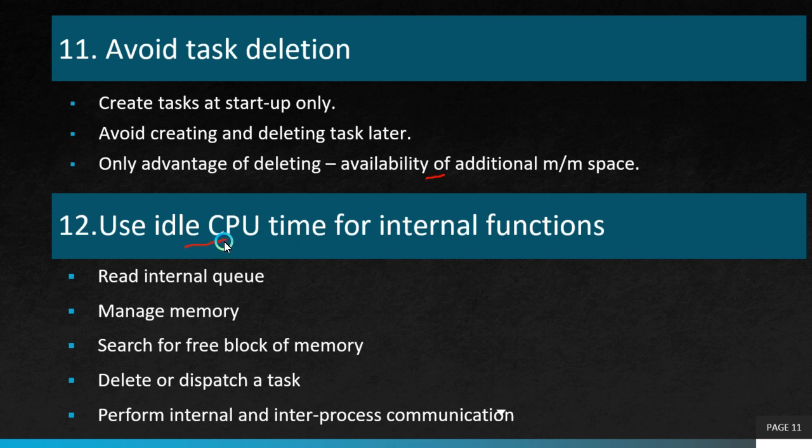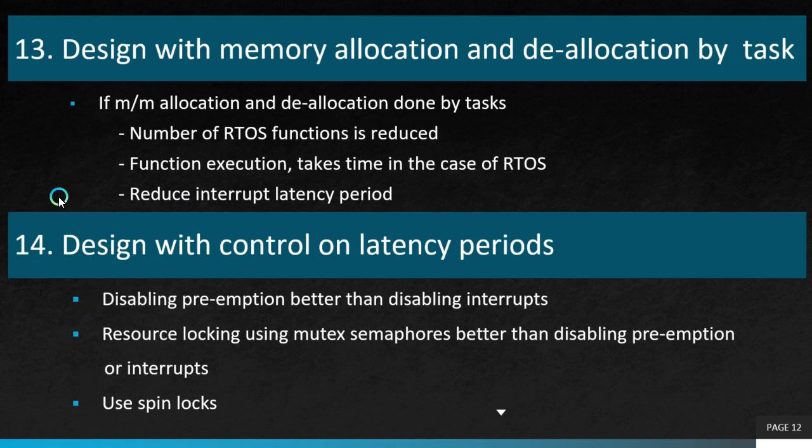This may be due to the CPU waiting for preemption, etc. The CPU at that instant may associate the real-time operating system for performing a number of operations such as read the internal queue, manage the memory, search for a free block of memory, delete or dispatch a task, interprocess communication functions, etc.